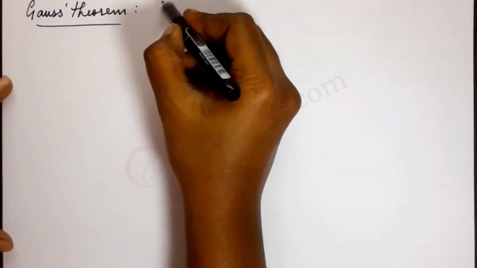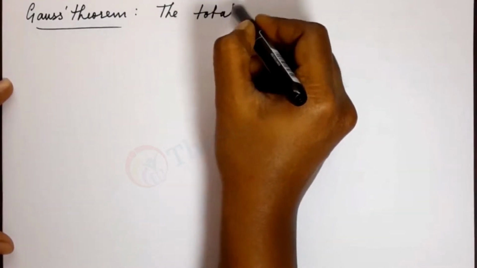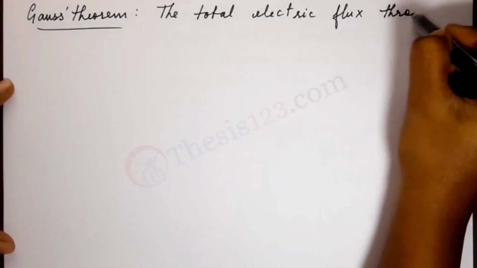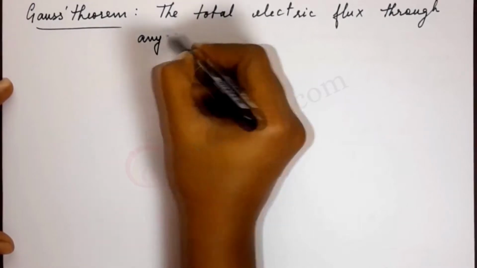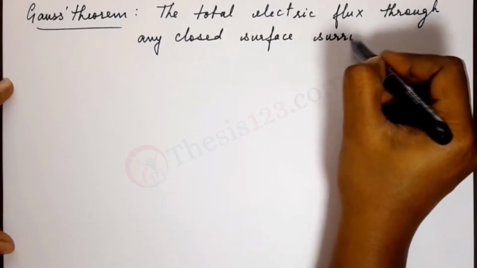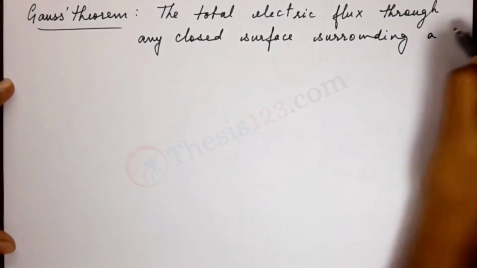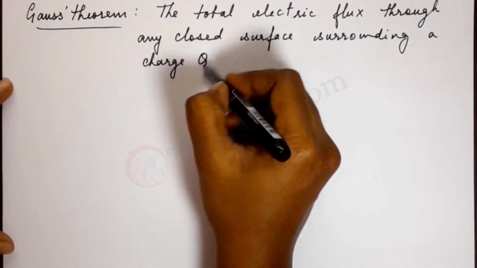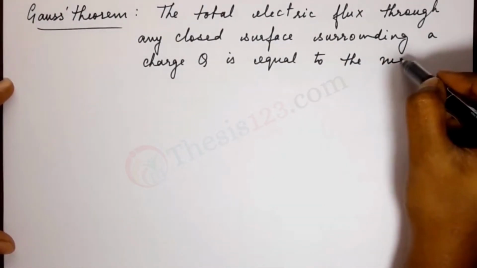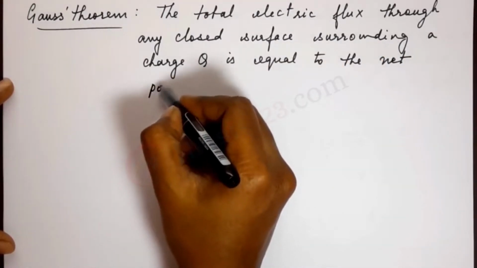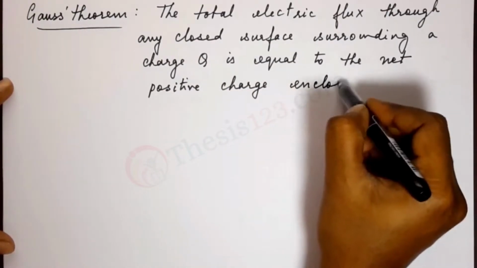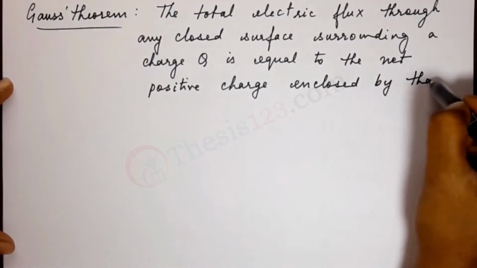Now Gauss's theorem, the statement says that the total flux, the total electric flux through any closed surface surrounding a charge Q is equal to the net positive charge enclosed by that particular surface.